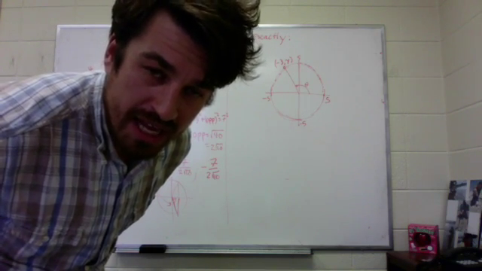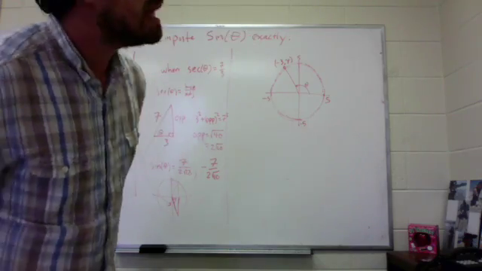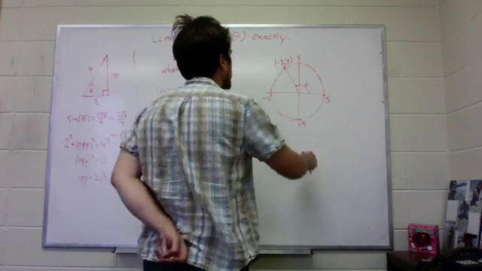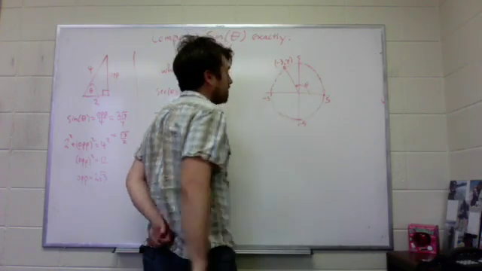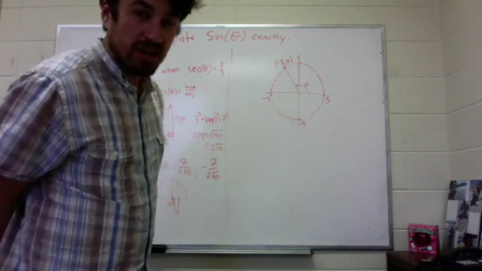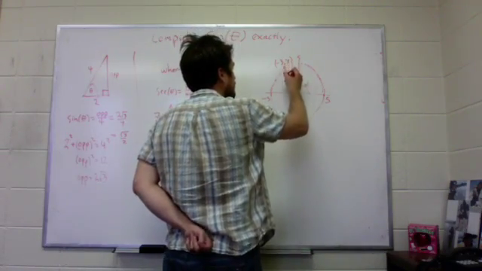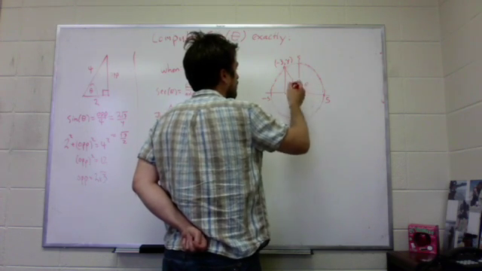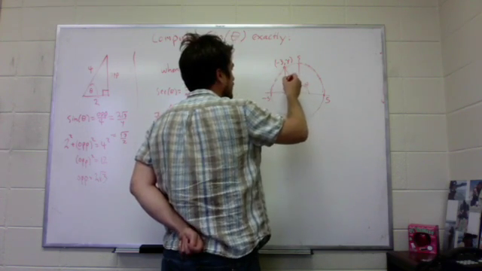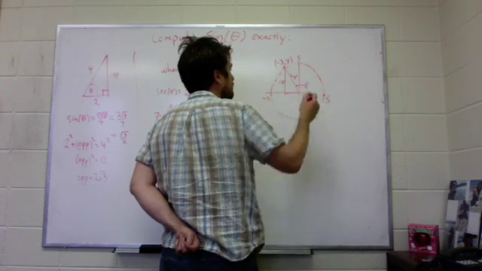And what I know is that as this angle winds me through the circle of radius 5, it ends me on a point of the form (-3, y), where I haven't been given the y coordinate. However, the problem is nearly identical to what we saw before. What we do is we just extend this triangle down right here. And as before, the sine is going to be the ratio of opposite over hypotenuse.